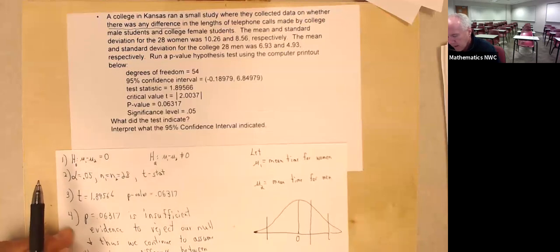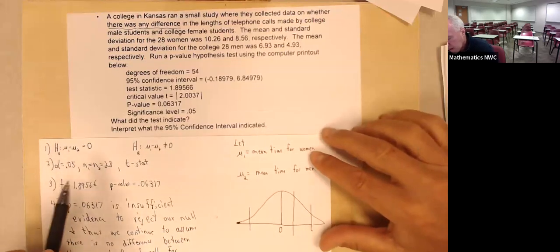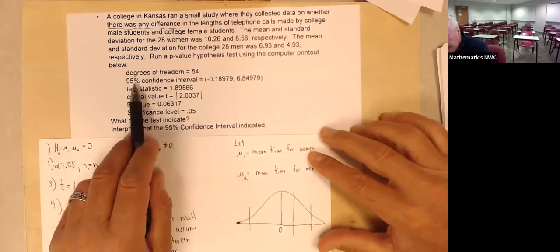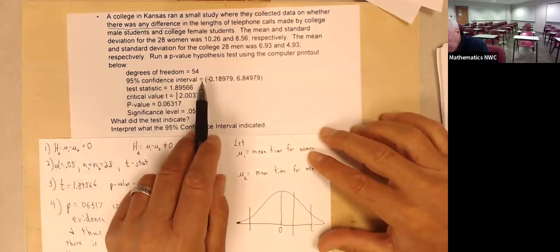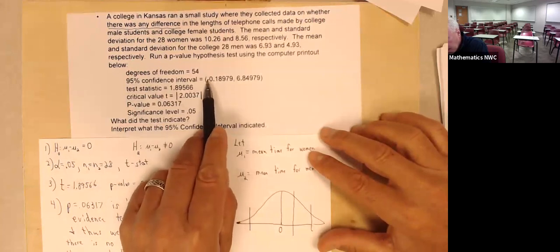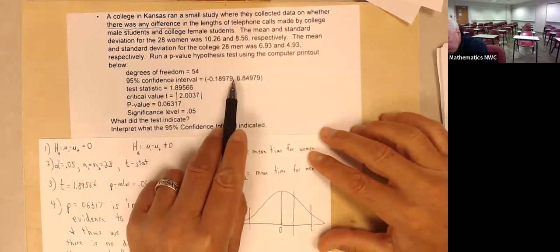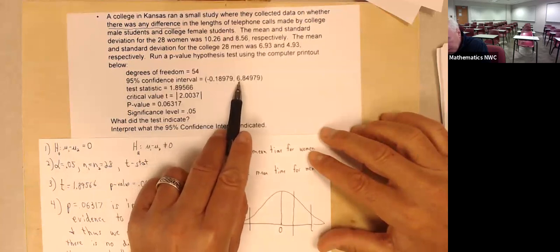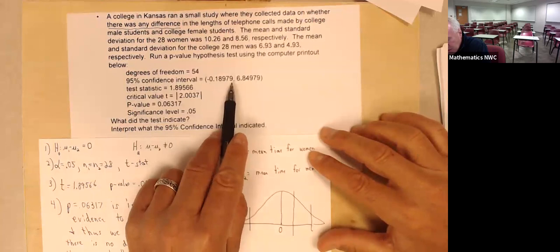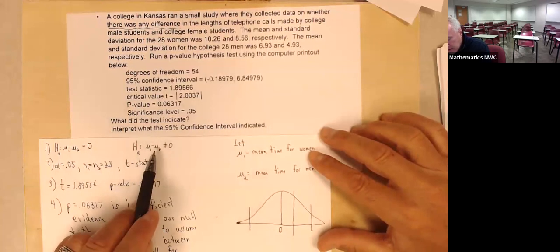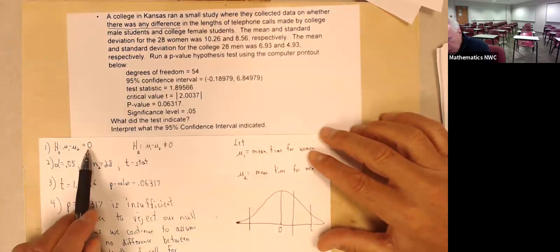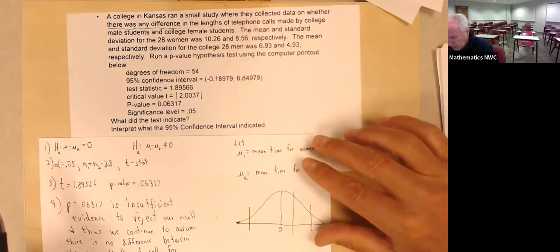Okay? They also wanted us to interpret the 95% confidence interval. Well, that's given in your computer printout. Because it goes from a negative to a positive, the difference could have been negative. The difference could have been positive. We're not sure if it's less than zero or greater than zero, which is why we had to continue to assume there is no difference or the difference equals zero.